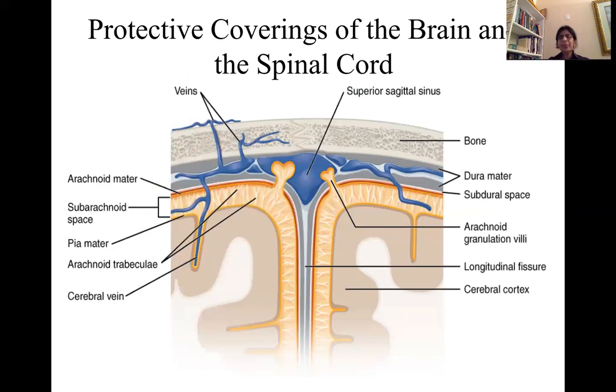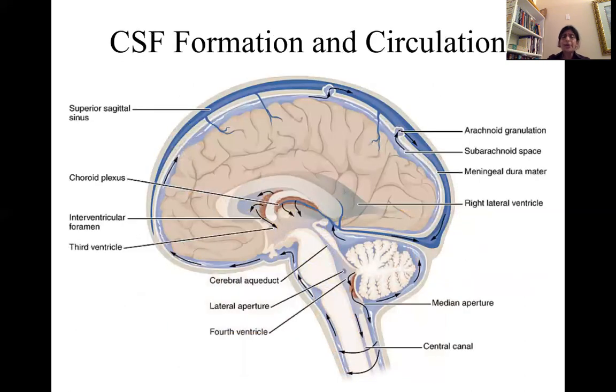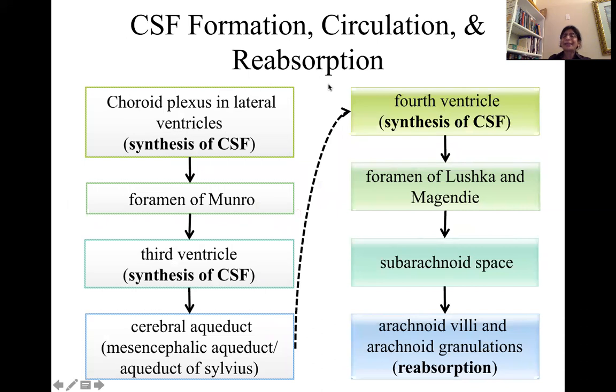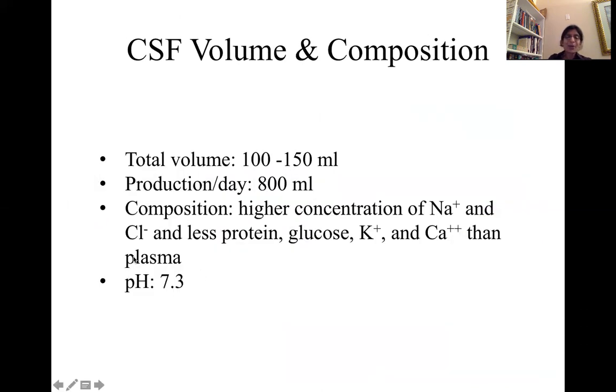Okay, good. So that is all you really need to know about CSF, its functions, its formation, its circulation, and its reabsorption. All right. So the volume we already discussed, the amount that circulates, or the total amount that one can see within a day.